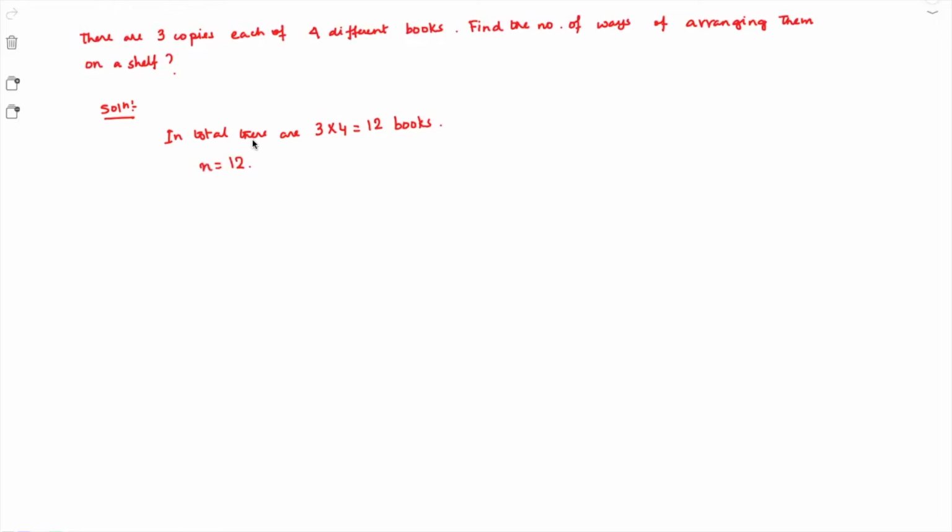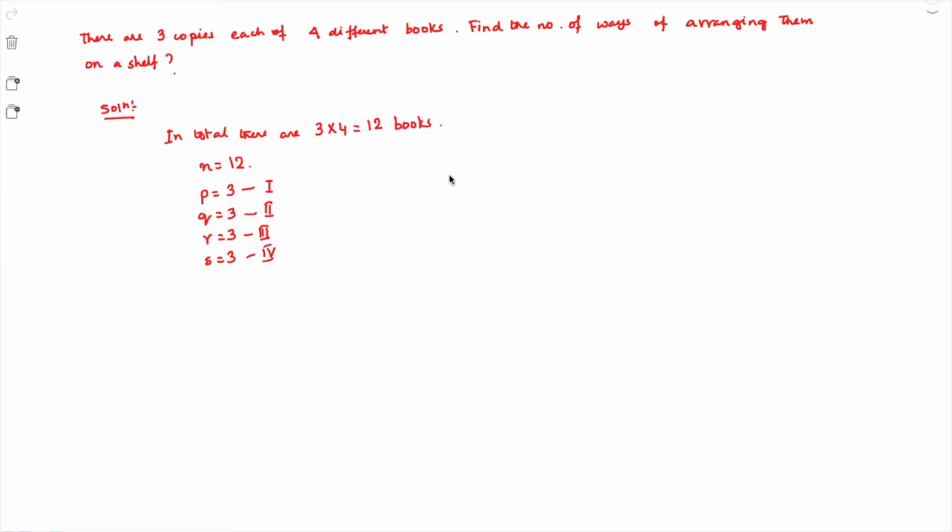Although n is 12, there are 3 copies each of 4 different books. That means P would be 3, Q would be 3, R would be 3, and S would also be 3. So if this is type 1, this is type 2, type 3, and type 4.